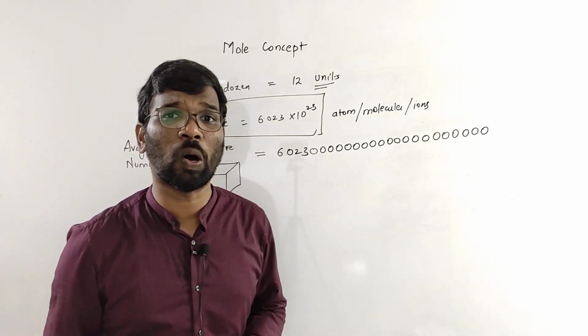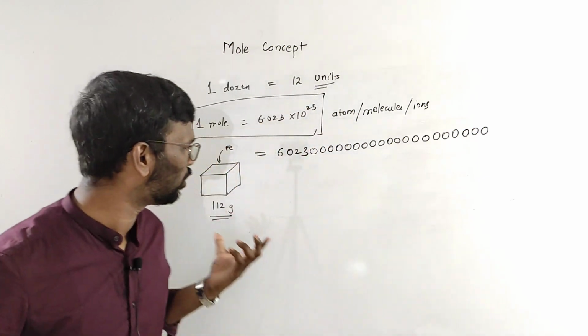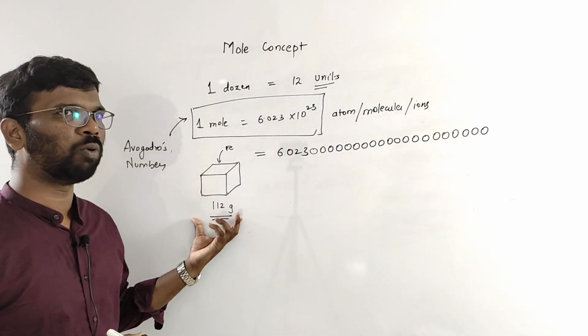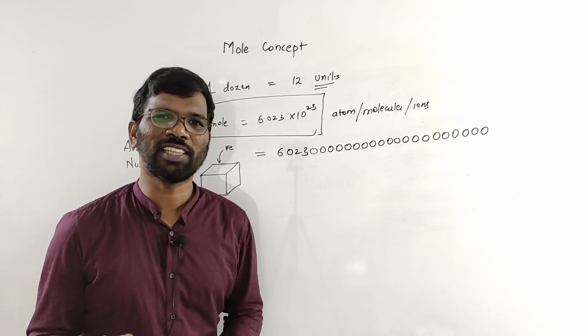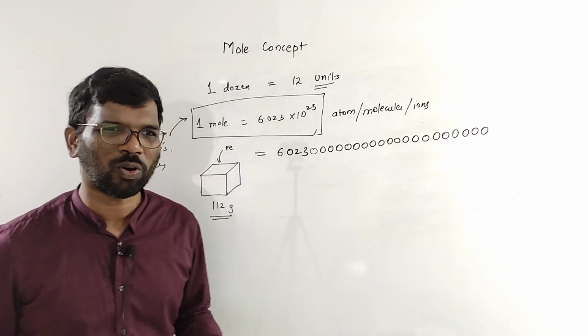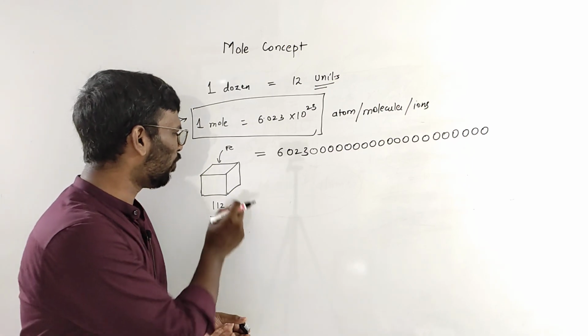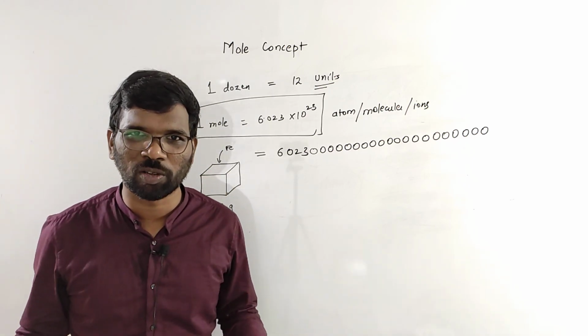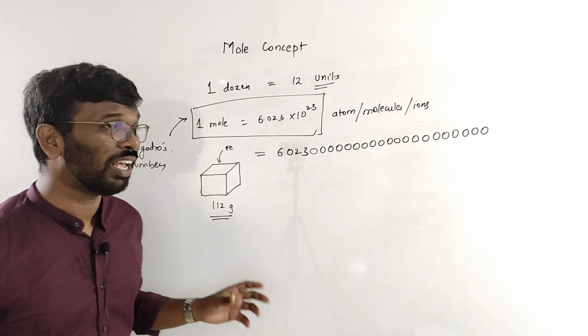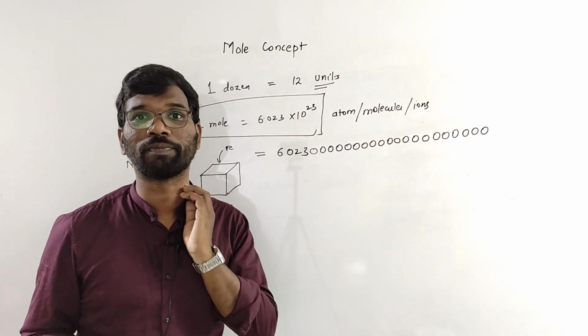Now if I want to count how many atoms are there in this small block, obviously the number will be very large, right? Because we know atoms are very small, and in a very small piece they are in very large number, and if I want to count, it will be a very big number.